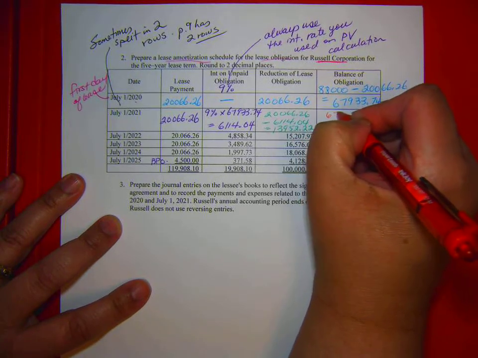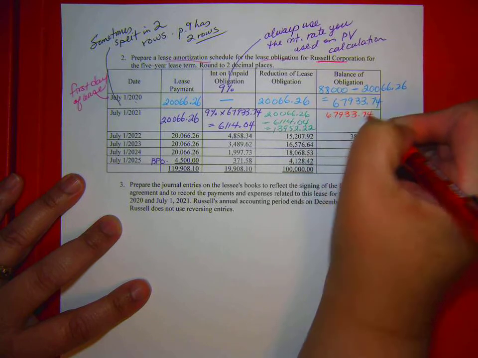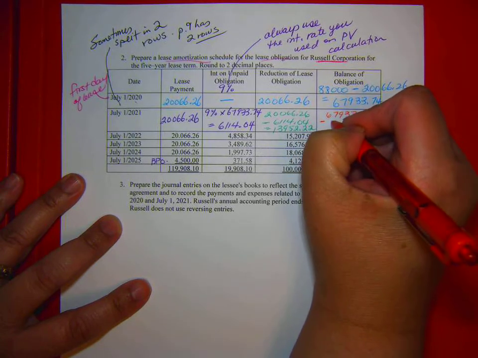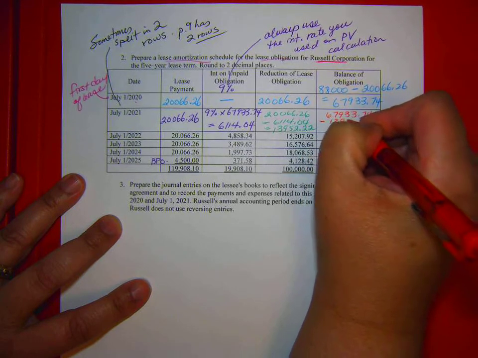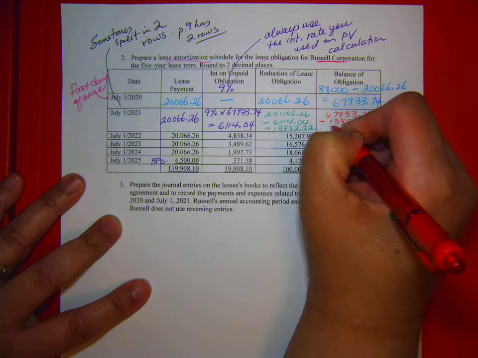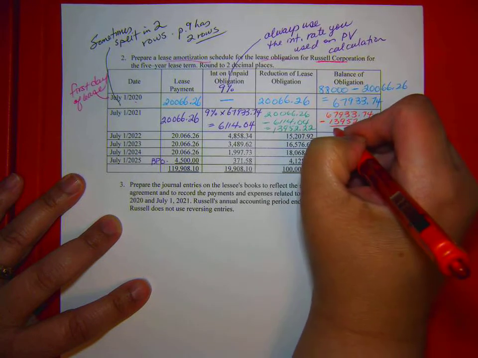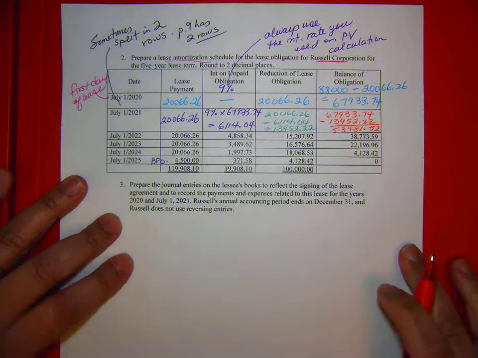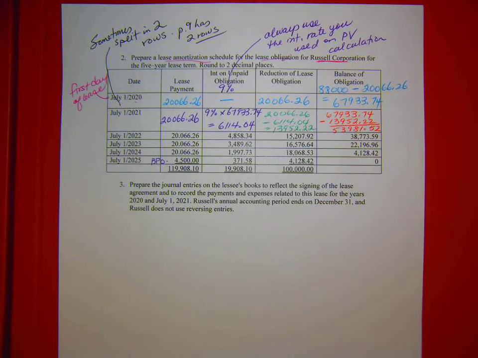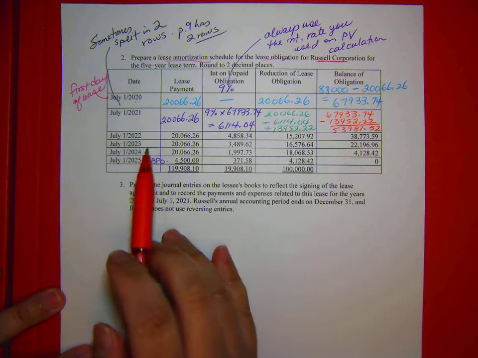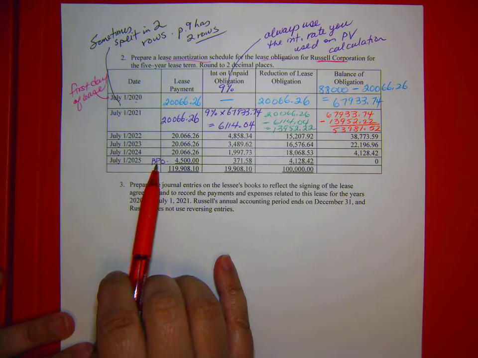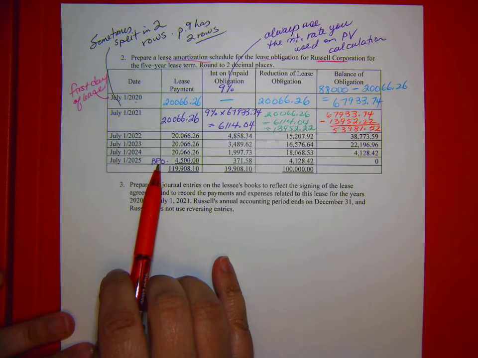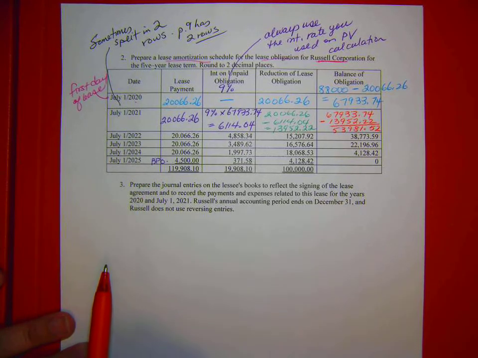So that equals 67,933.74 minus 13,952.22, which leaves us with 53,981.52. And then the calculations go the same way. Notice here, however, the very last step is us paying the BPO, because we assume it will be exercised.